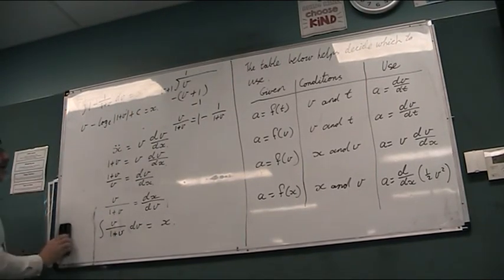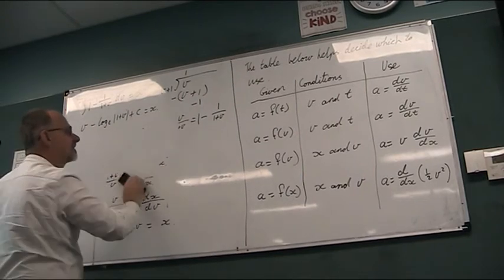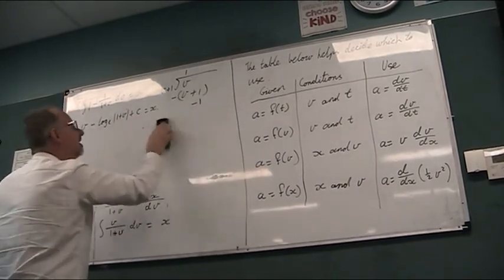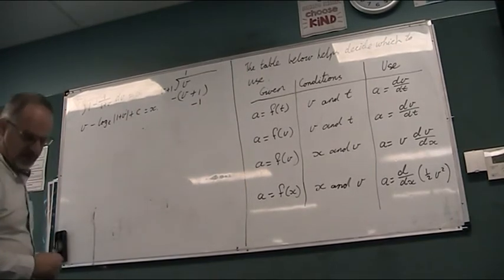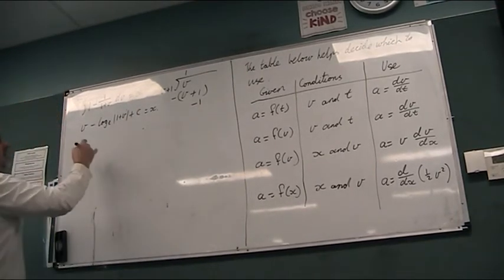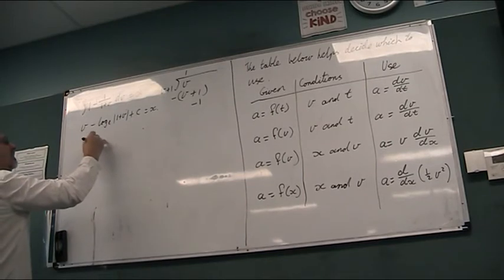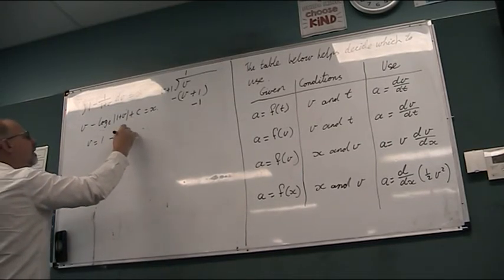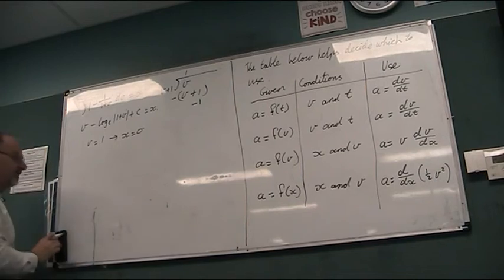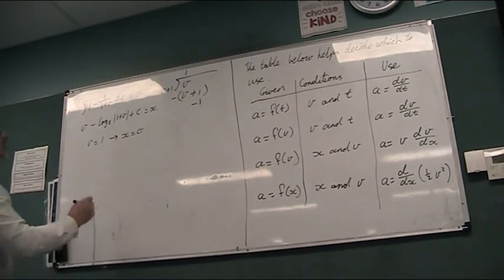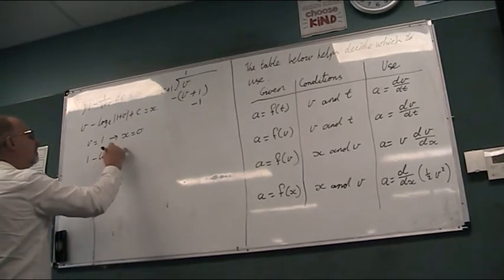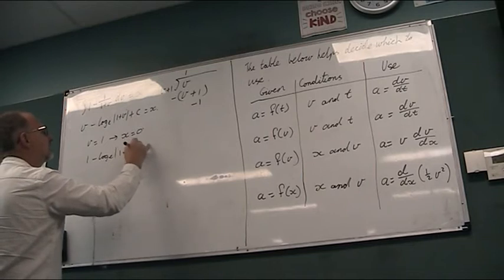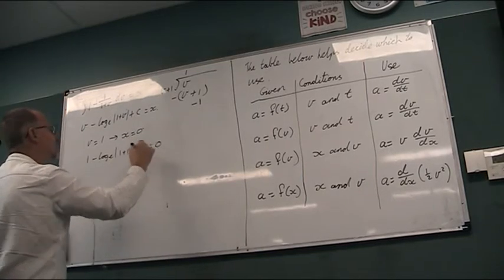All right, we'd like to know what that constant is. And fortunately, we were given some information, and we were told that when the velocity was equal to 1, x was equal to 0, or the other way around. So I can substitute that in. So 1 minus log to the base e of (1 plus 1) plus some constant is equal to 0.